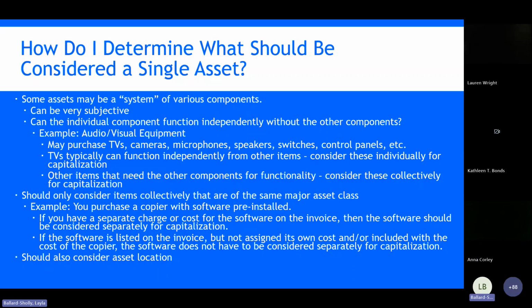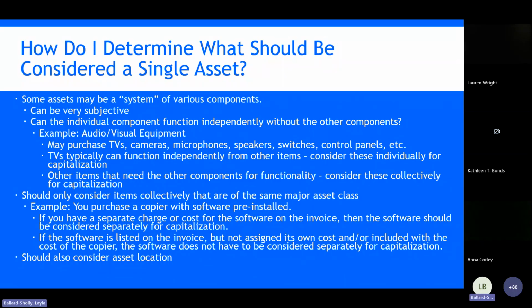This is kind of a little different, I think, because this is something where you're purchasing a lot of things that are being purchased separately, but you need them all to function together, or some of them to function together. So when you have something like this, the first question you want to ask is if the individual component can function independently without the other components.